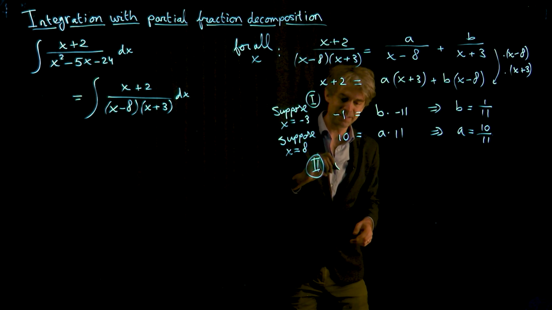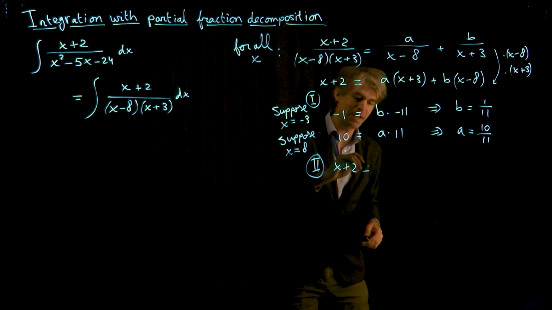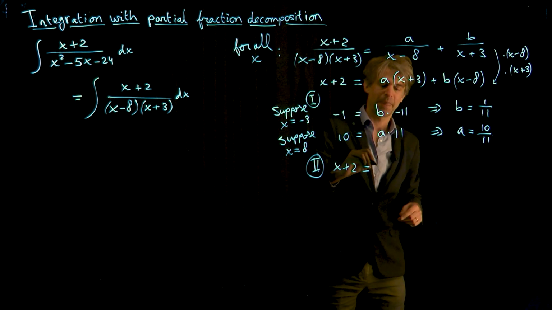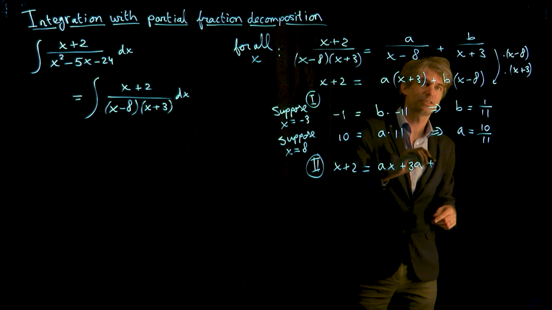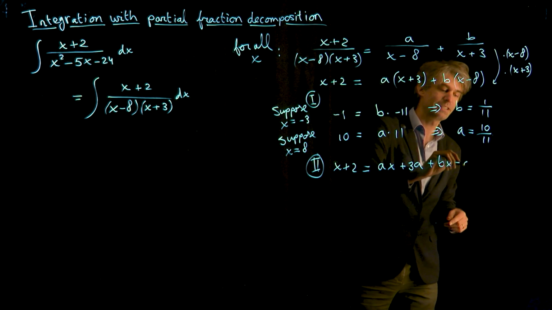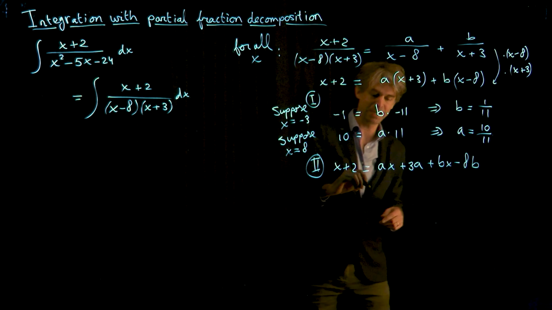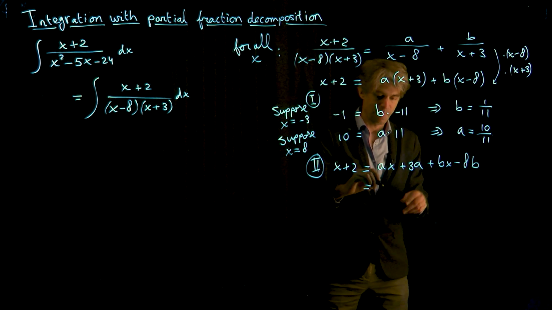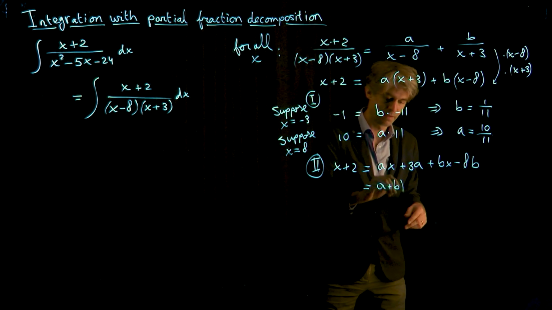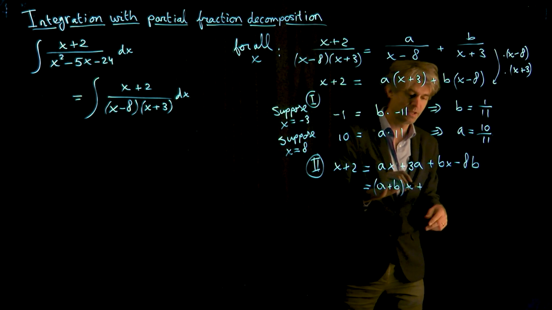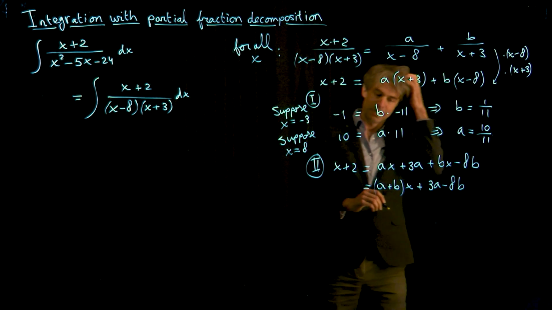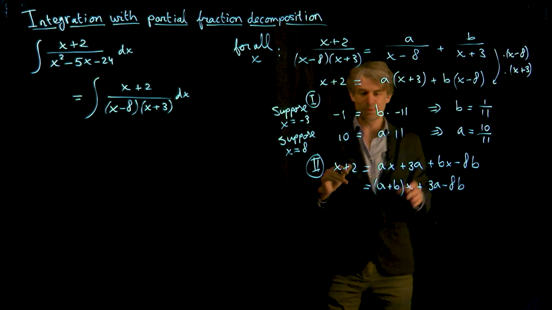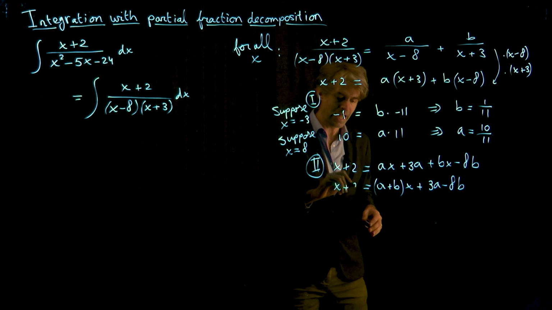So let's write x plus 2 and expand on the other side. We get a times x plus 3a plus bx minus 8b, which I can rewrite a little bit as a plus b times x plus 3a minus 8b. Now, this has to be true for all x.